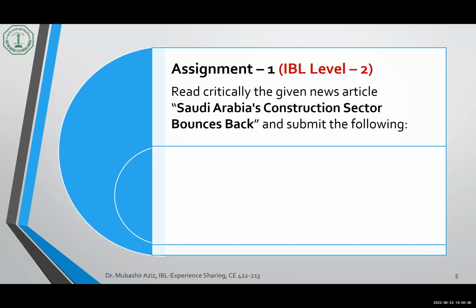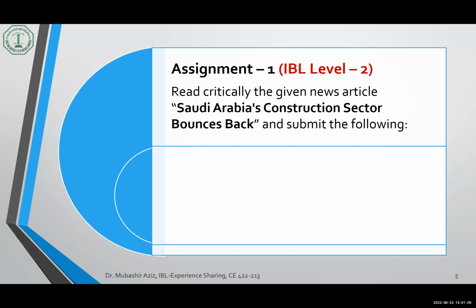Starting with the very first assignment, I'm mentioning IBL level 2 here, thanks to Dr. Muhammad, who has already shared, and our Deanship of Academic Activities, who have shared a lot of documents. I'm pretty sure every one of us knows the different levels and how they are assessed. So I assume it to be a level 2 IBL activity.